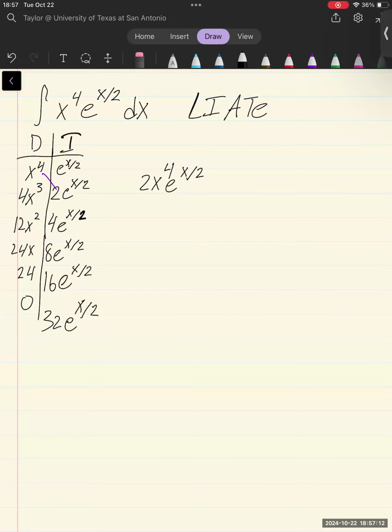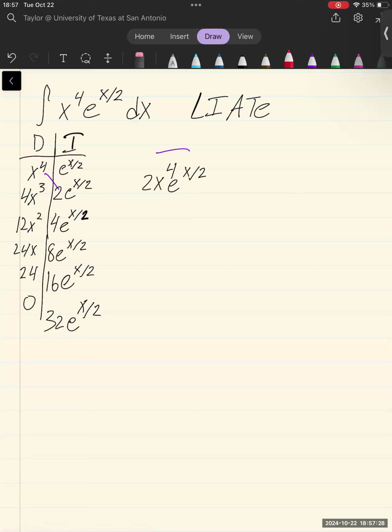All right, so I went ahead and set the problem up. Now I'm just connecting my diagonals. This is the first term in purple. This is the purple line. Then I've got my red line, and then plus, minus, plus, minus, plus, minus. So then minus 16 x cubed over 2.